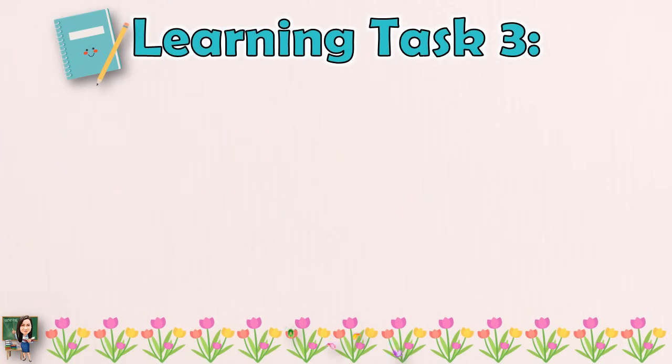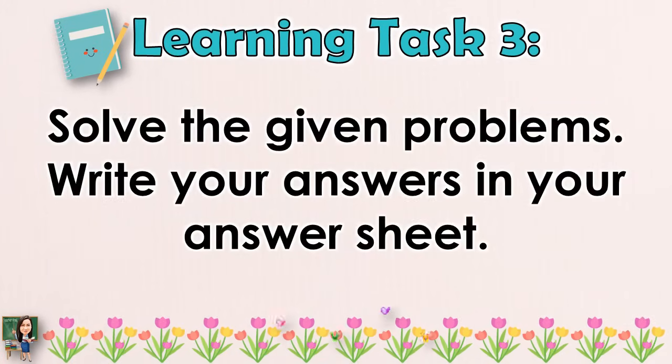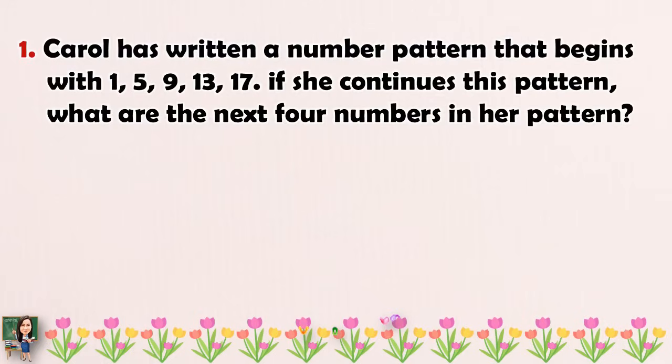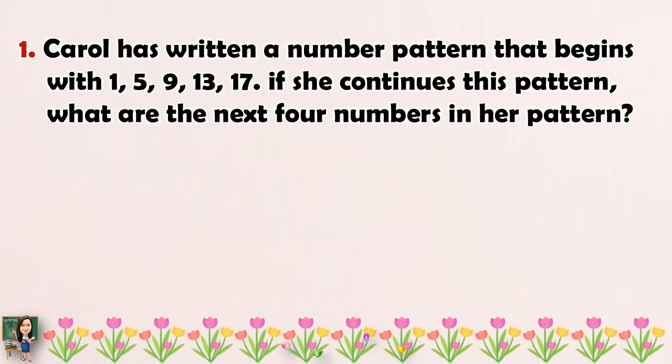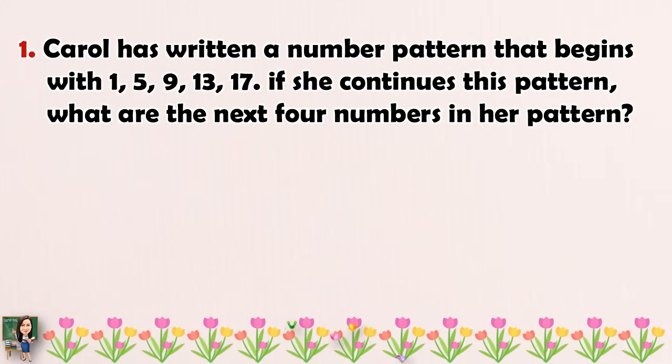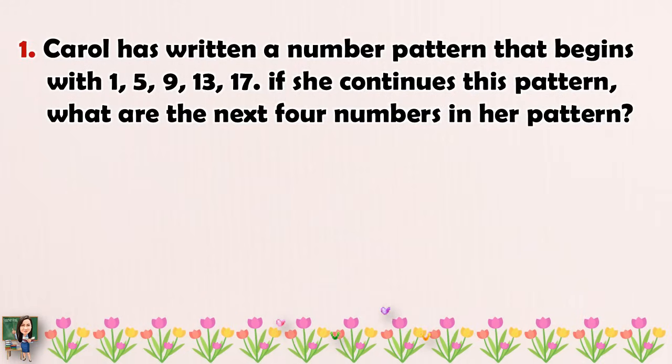For learning task 3, solve the given problems. Write your answers in your answer sheet. Number 1. Carol has written a number pattern that begins with 1, 5, 9, 13, 17. If she continues this pattern, what are the next 4 numbers in her pattern?